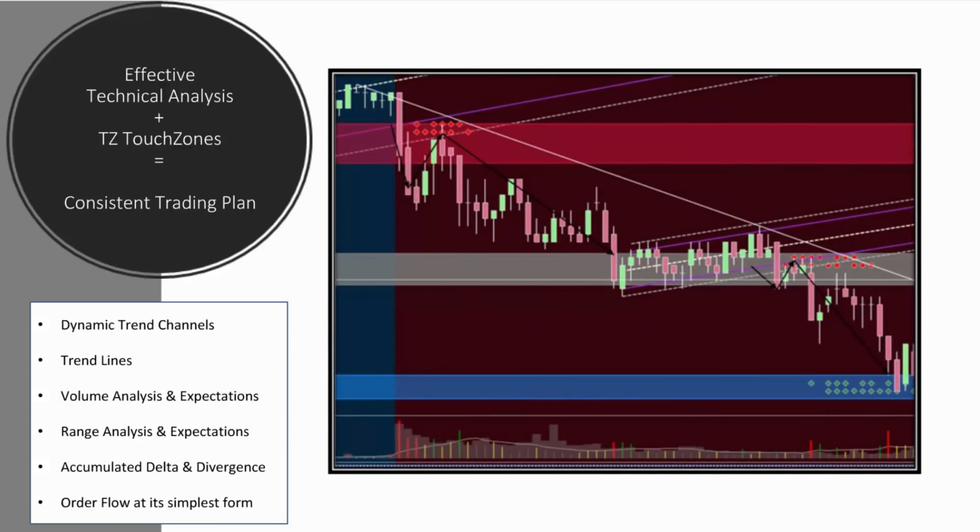This is an example of what our charts look like. You'll see our zones clearly marked in red for selling, resistance areas. Our zones that do become balance areas will turn gray. They will not disappear.